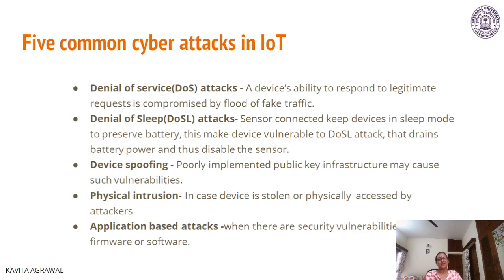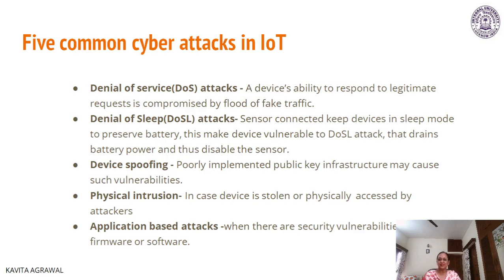Then there are denial of sleep attacks. Any IoT device consumes some energy, and since it is most of the time battery operated, I want to conserve that energy. So we make sleep cycles for it.